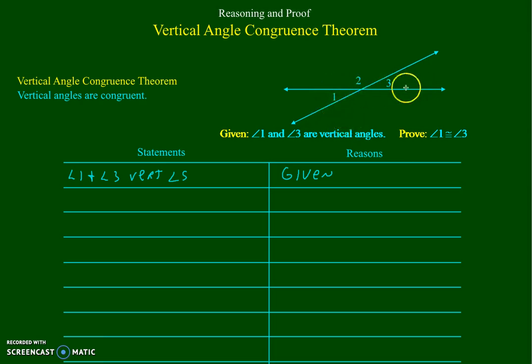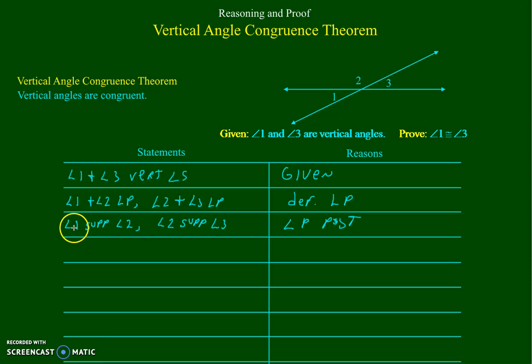Now, the fact that these are vertical angles tells us that angle 1 and angle 2 are a linear pair, and 2 and 3 are a linear pair. So by the definition of a linear pair, angle 1 and 2 are a linear pair, and 2 and 3 are a linear pair. Now we know by the linear pair postulate that angle 1 and angle 2 are supplementary, and 2 and 3 are supplementary.